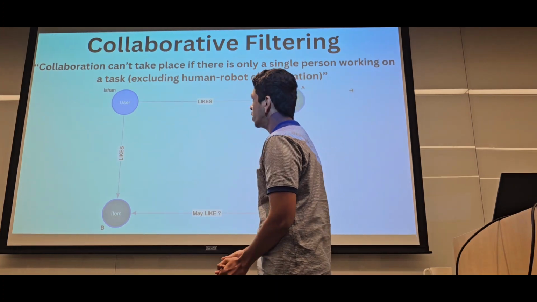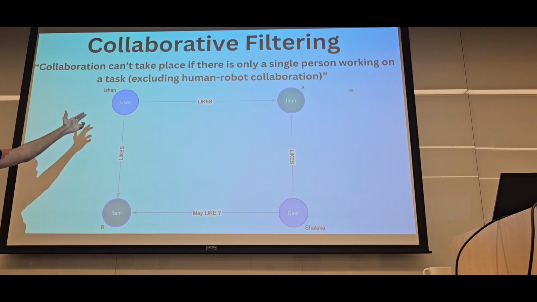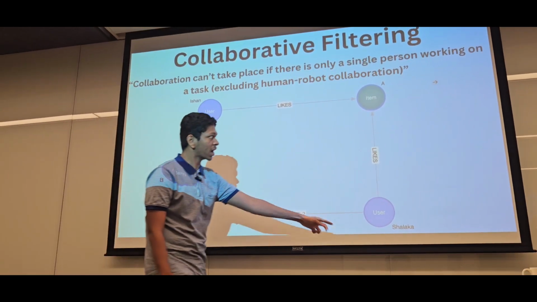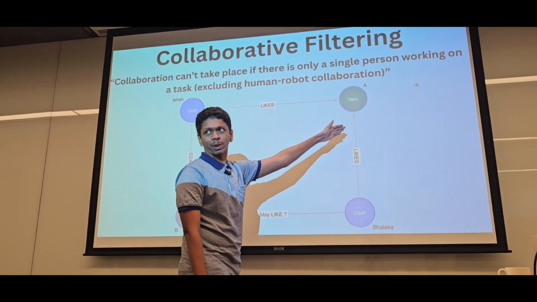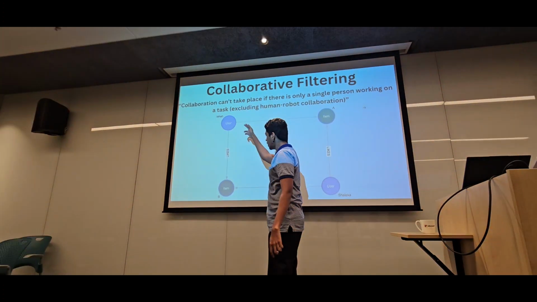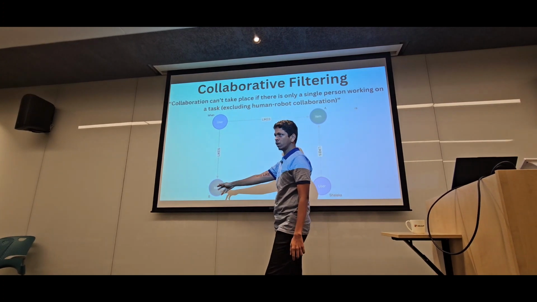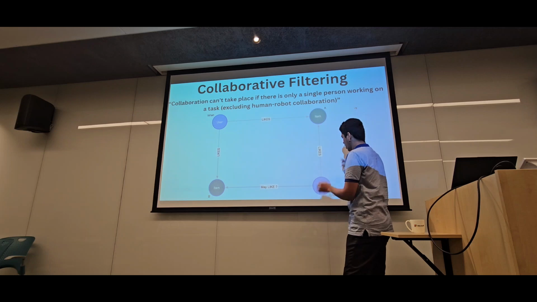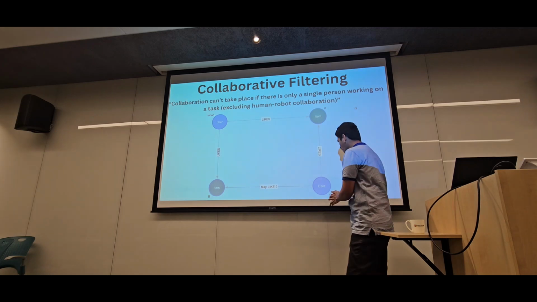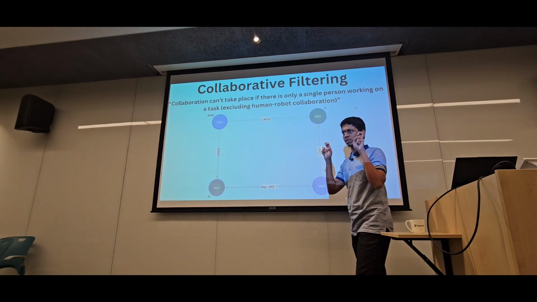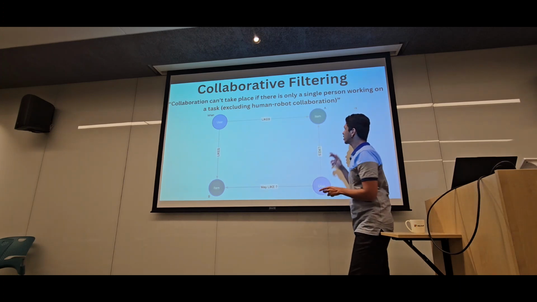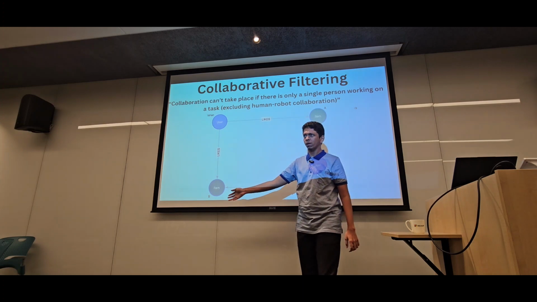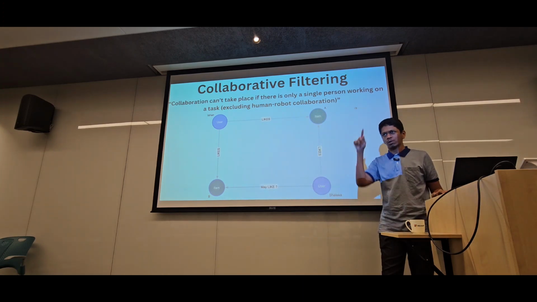Let's say we have a user Ishan and Ishan likes item A. We also have user Shalaka who also likes item A. Ishan also likes item B. So the simplest definition of collaborative filtering is that we can consider Shalaka and Ishan as similar users and guess that Shalaka may also like item B. That's the simplest you can do.